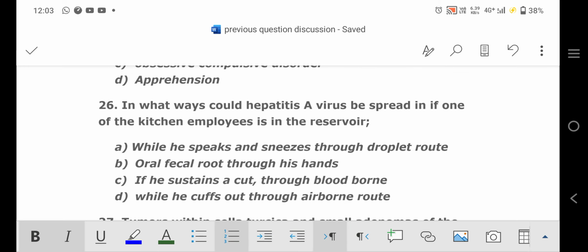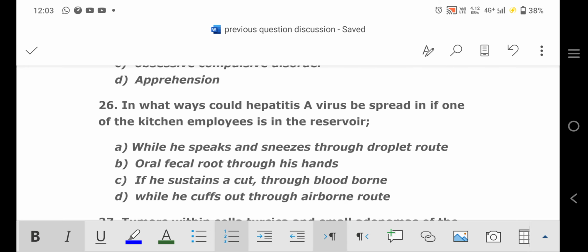Next question. In what ways could hepatitis A virus be spread if one of the kitchen employees is the reservoir? Option A, while he speaks and sneezes, through droplet route. Option B, oral fecal route through his hands.